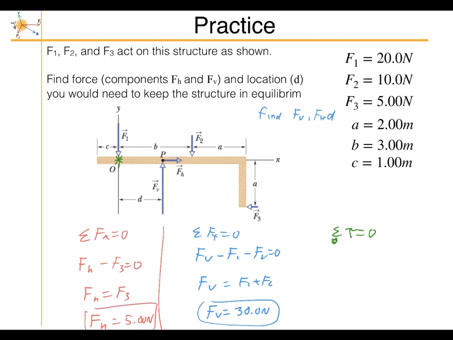So from here, what are all the torques? Well, there's a torque due to 2, which you see is trying to turn it clockwise, so that's negative. There's also going to be plus the torque due to the vertical applied force, and that's going to be counterclockwise.